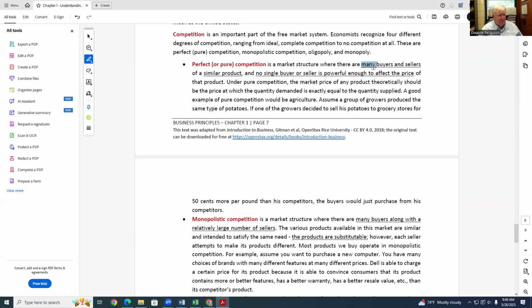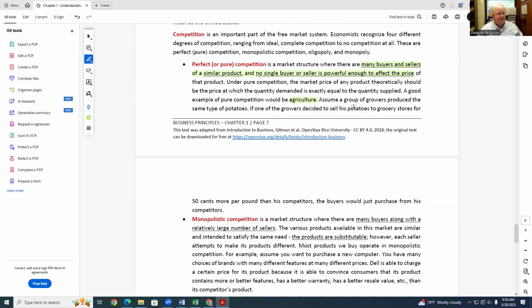There are many buyers, there are many sellers of a similar product, and no single buyer or seller is powerful enough to affect the price. A good example is agriculture. If I grow potatoes and you grow potatoes and we try to sell it to a retailer that sells potatoes, if all things are equal, the one that has the better price is going to end up making the sale, but they'll make less money.